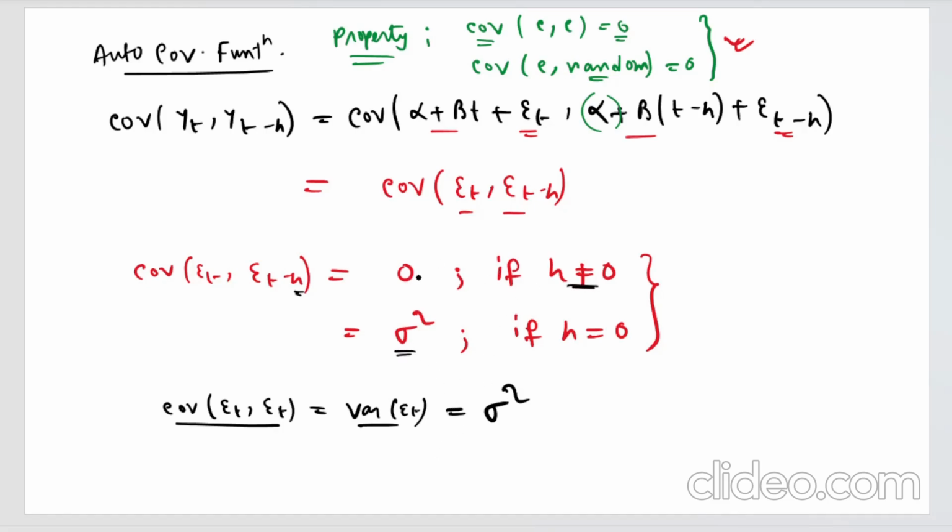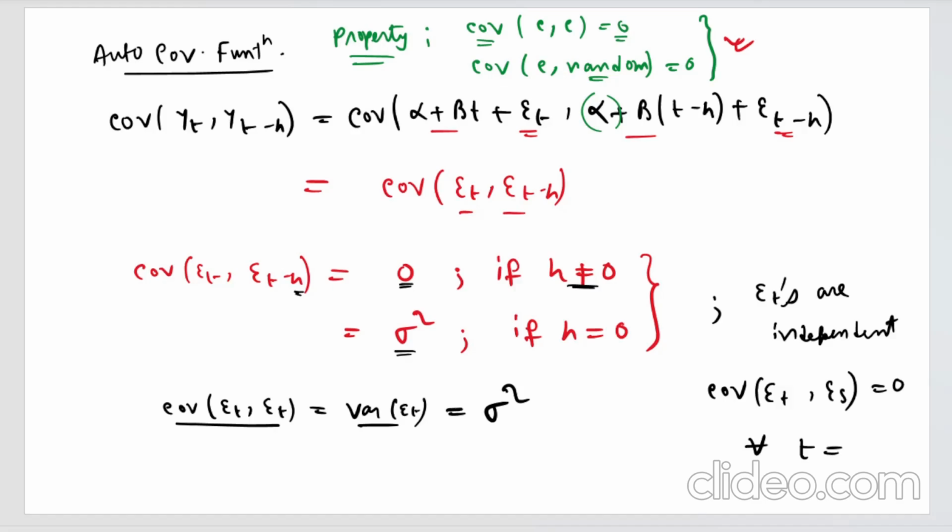And if h is not equal to 0, then for every such h, these terms will be different. T and t minus h will be different. As I have told you, there is no autocorrelation; the epsilon t's are independent, which simply means that the covariance of epsilon t and epsilon s is 0 for all t not equal to s.